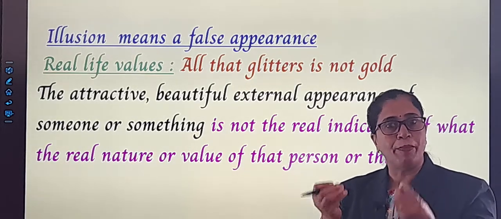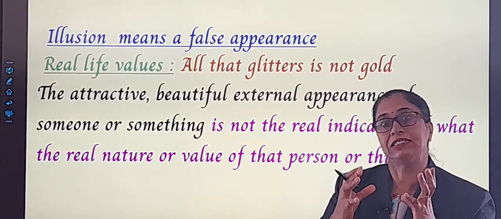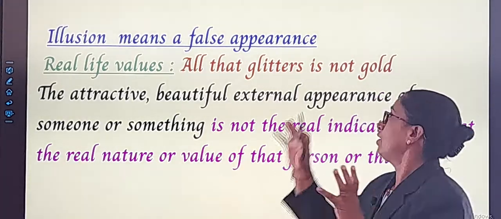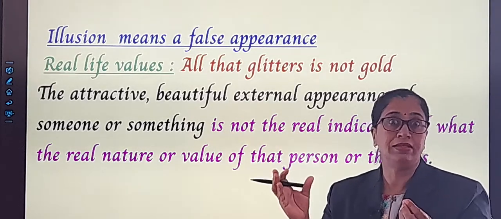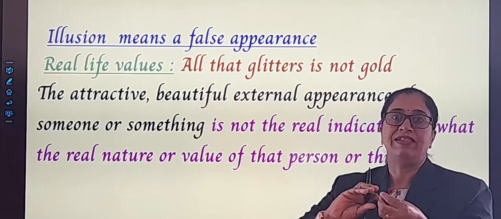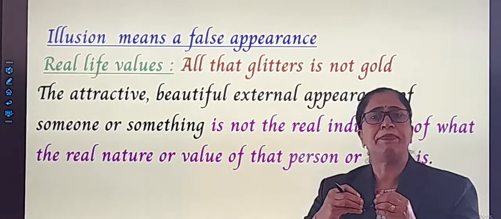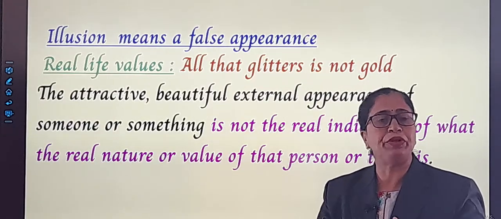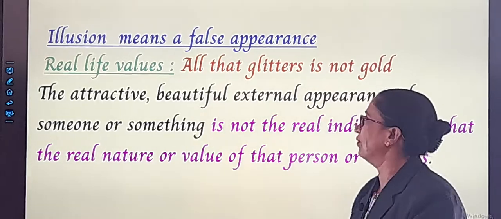Its true property, its true value is because of the quality that it has. What is that? Gold is a very soft metal compared to all other metals. Because it is soft, it can be designed into nice beautiful patterns and lovely ornaments can be made out of gold.